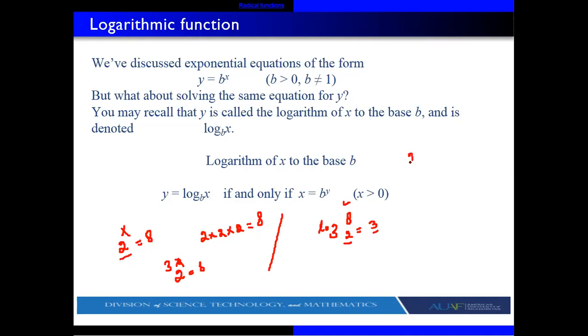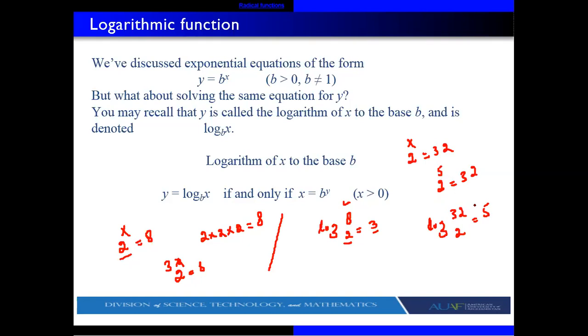Or for example, 2 power x equal to 32, or 2 power 5 equal to 32. So we can write log of 32 at the base of 2 equal to 5. Correct? So these are inverse of each other.